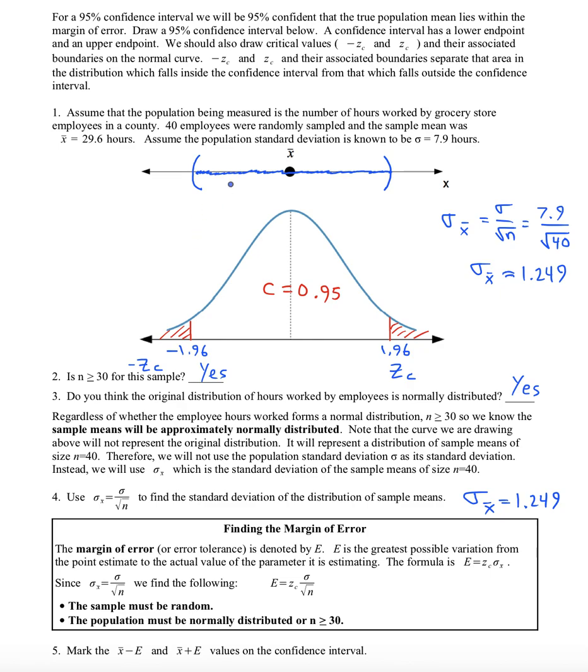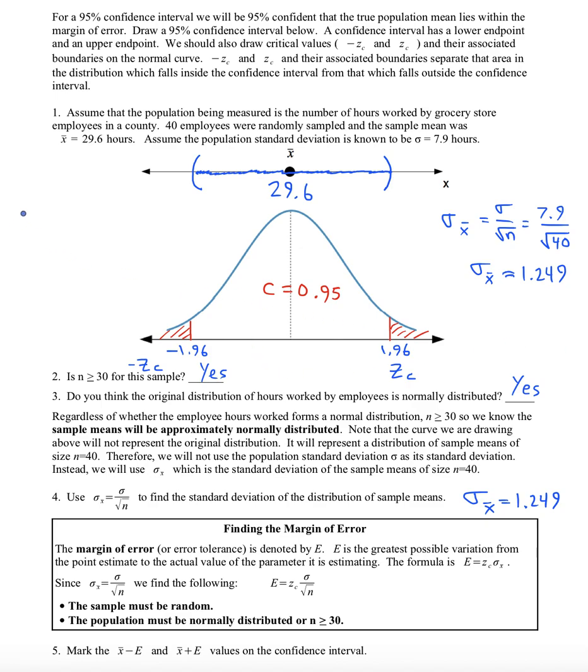So we know that the mean of our sample was 29.6. So that's what goes in the middle. Remember that we don't really know where mu is here. It could be to the right of that, it could be to the left of that, or it could actually be 29.6 itself. Now our last step is to get the margin of error and add and subtract that margin of error from the x bar.